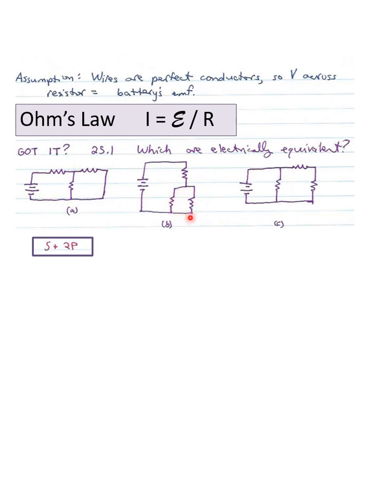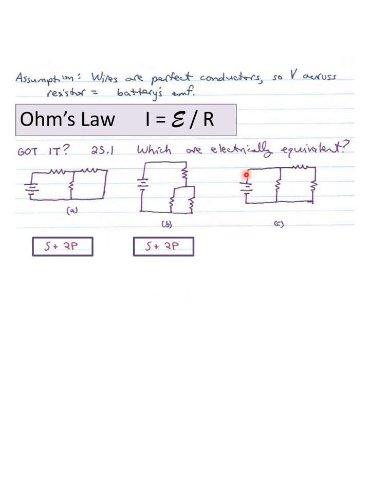So the two that are in parallel are in series with this one. So I've written that out as, again, series plus two parallel, which just means that the first one is in series with two parallels. It's equivalent to the first circuit.